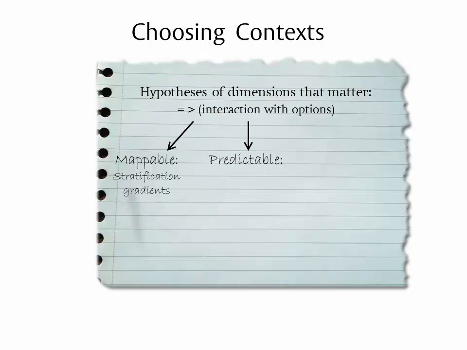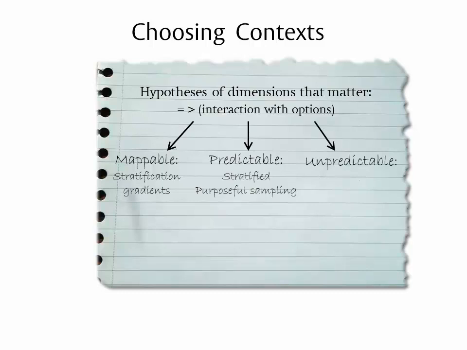If we have these predictable contexts, then we can use stratified random sampling to select where we do the study, or we might use purposeful sampling, where we deliberately select some of each type. And finally, there are those which are unpredictable. An example of an unpredictable one would be the pest and disease status in a particular season.